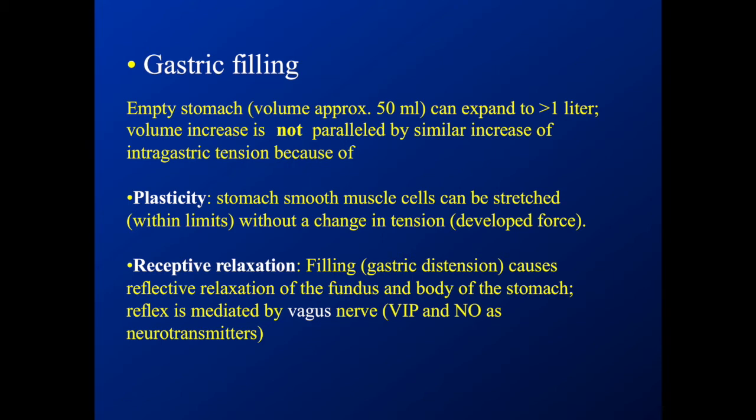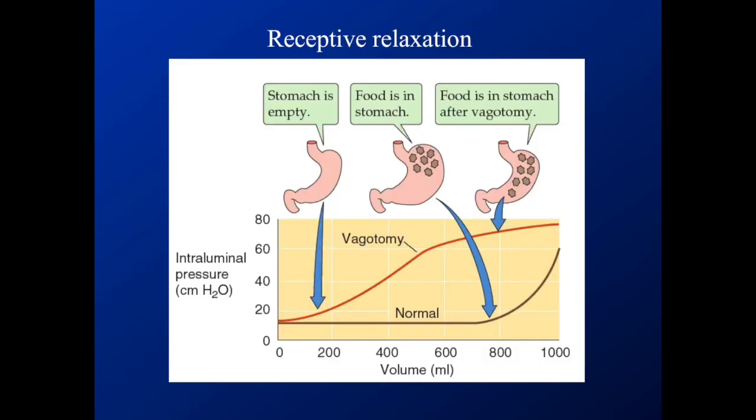But there's also receptive relaxation going on in the stomach as well. Filling will cause a reflex relaxation of the fundus and the body of the stomach, so that the walls are able to stretch and prevent an increase in tension. And this reflex is mediated by the vagus nerve and the neurotransmitters vasoactive intestinal peptide and nitric oxide. And you can see here what happens if you cut the vagus nerve to the stomach.